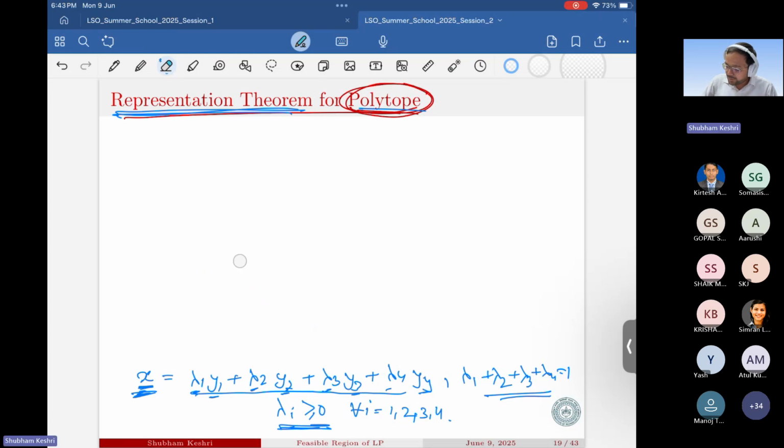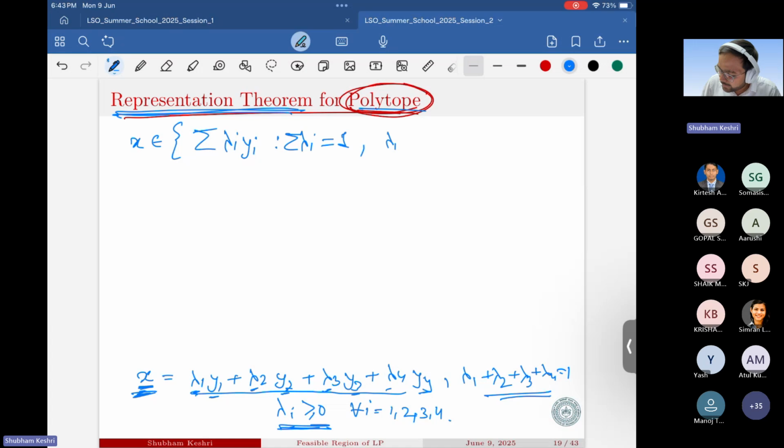What you can do is write X belongs to the set of summation of lambda i yi, such that the summation of lambda i is equal to 1 and lambda i belongs to 0, 1. Or you can just say lambda i is greater than or equal to 0, which means the same thing.